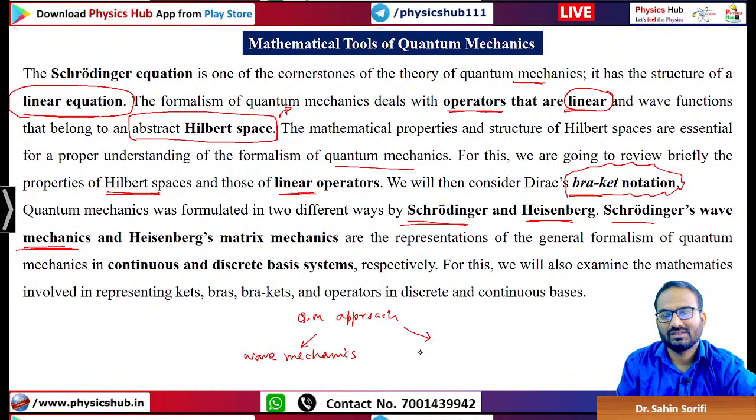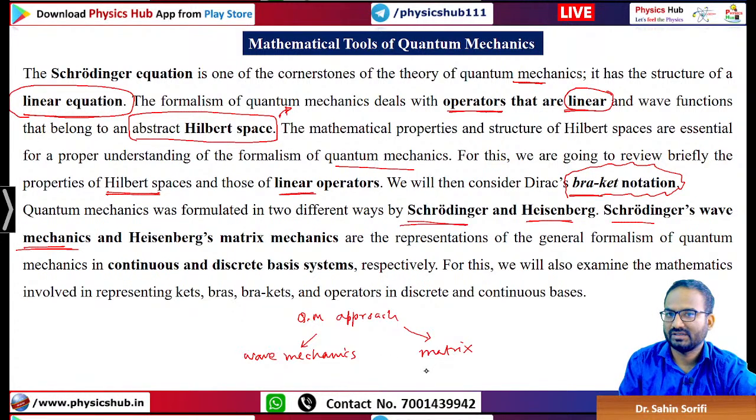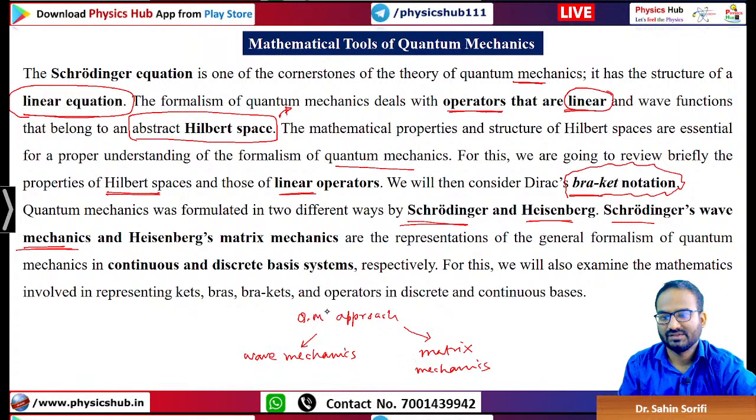Another one is Heisenberg's model, matrix methods. Using any operator and expressing it in the form of a matrix, we have another approach. So we'll also learn about this. Most of the time we use wave mechanics, but matrix mechanics is equally important.